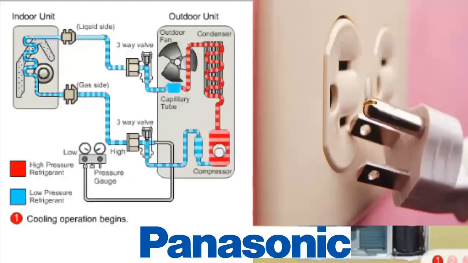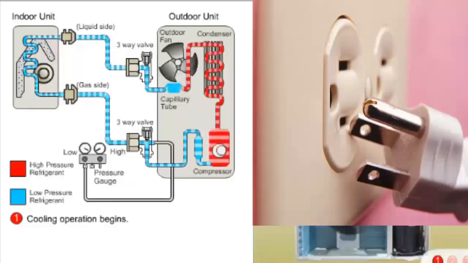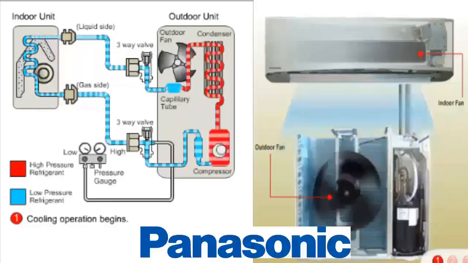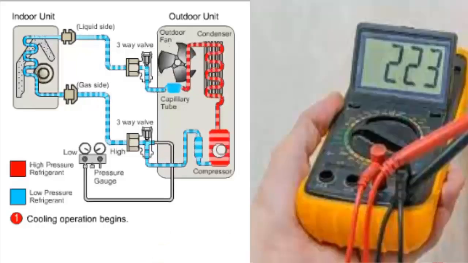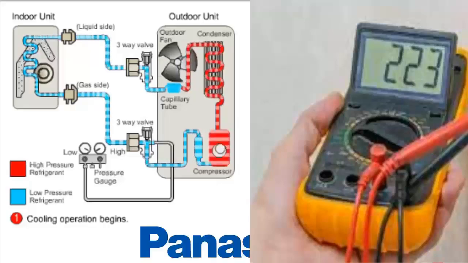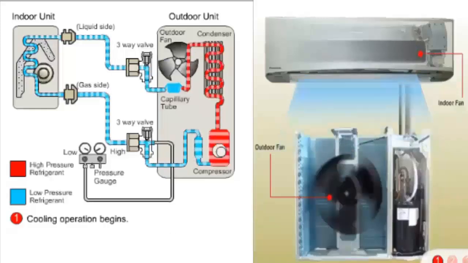1. Disconnect the unit for several minutes, and then turn it back on to check if the error persists. 2. If the error continues, use a multimeter to check if the unit supply voltage is correct. 3.